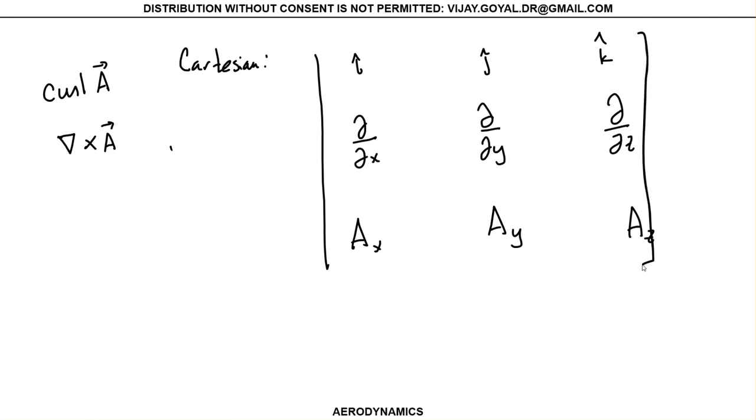Okay? Now, if I did this in cylindrical coordinates, my cross product will look as follows.